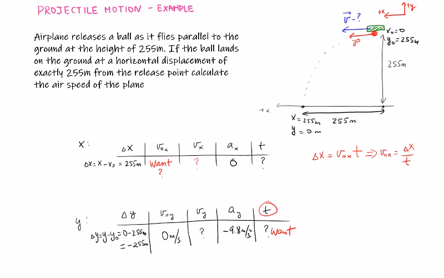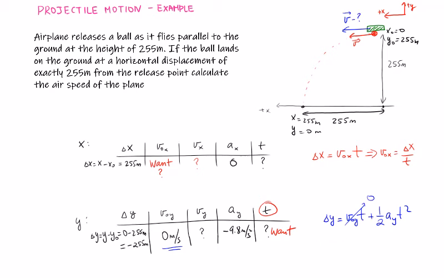Let's see what expression is best for us. From our kinematics equations, the one that involves delta y, time, v naught y, and acceleration is the third equation, where we have delta y equals v naught y t plus 1/2 ay t squared. This term is going to be 0 because v naught y is 0. Delta y is negative 255.